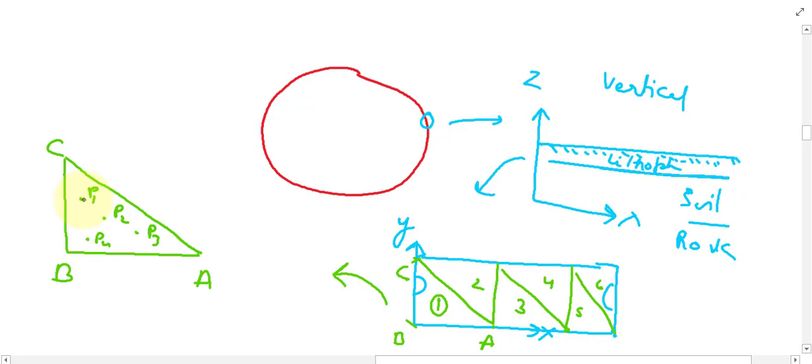If I draw a line in the z direction, if this is your y-axis, this is your x-axis, what will your z-axis be?